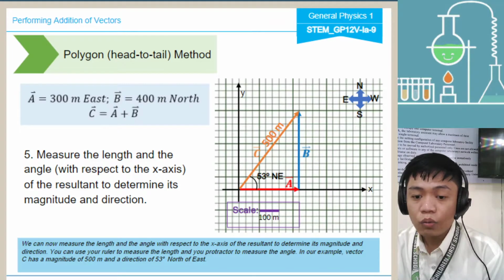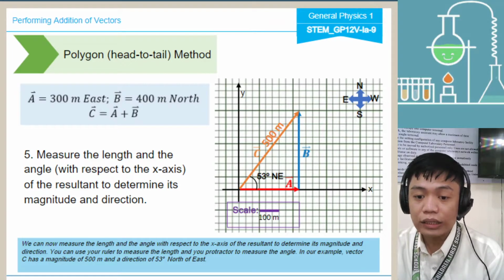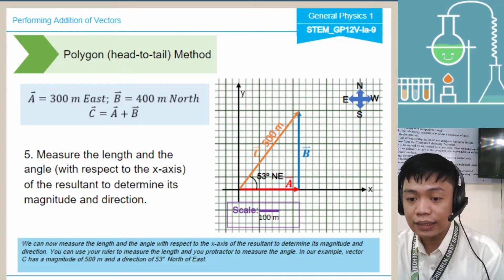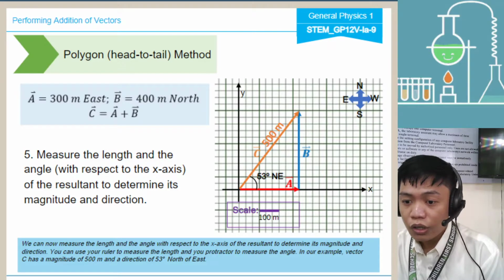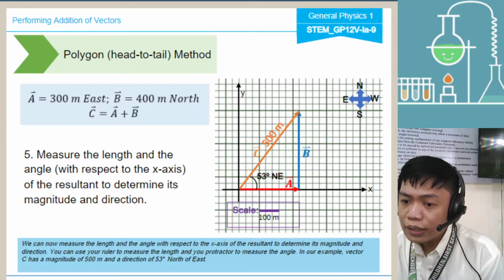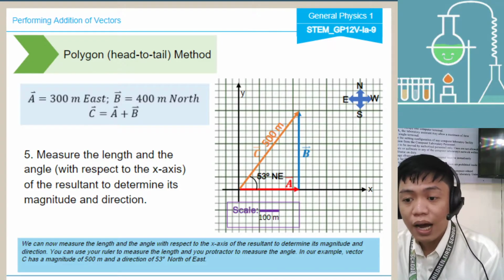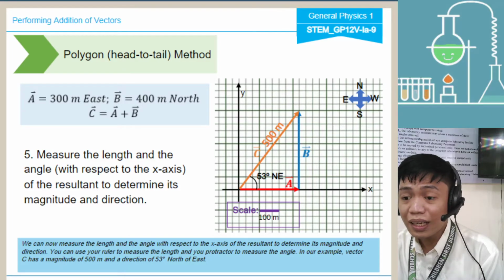So now, measure the length and the angle with respect to the x-axis of the resultant to determine its magnitude and direction. So basically, as you can see, what is the direction of the orange arrow? It is going to the northwest.